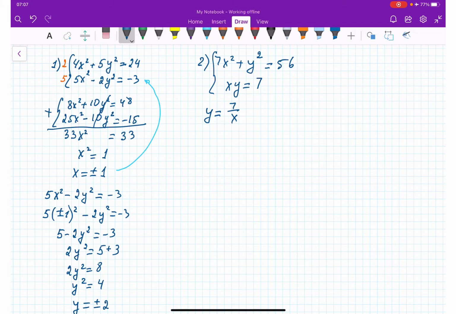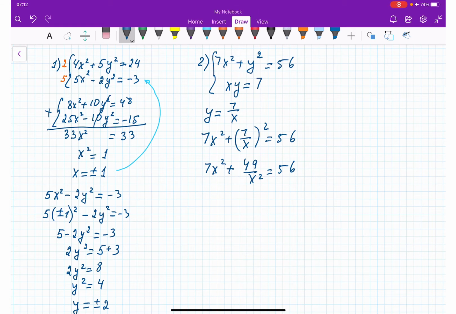And from here we are going to plug in: 7x squared plus 7 over x, squared, that will be our y, equal to 56. So what do we do? 7x squared plus 49 over x squared is equal to 56.